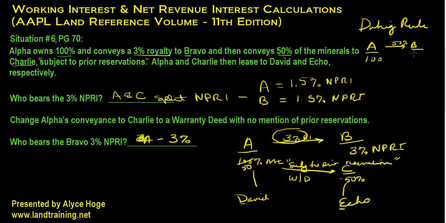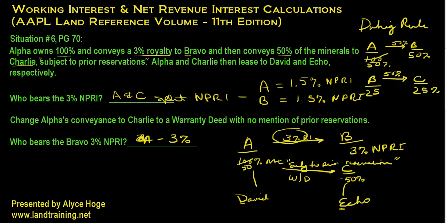So then B owned 50% and A owned 50%. Then B conveyed to C a 50% interest. So the question is, who owns what? Well, we know A owns the 50%. And you would think that B would own 25% and C would own 25%.